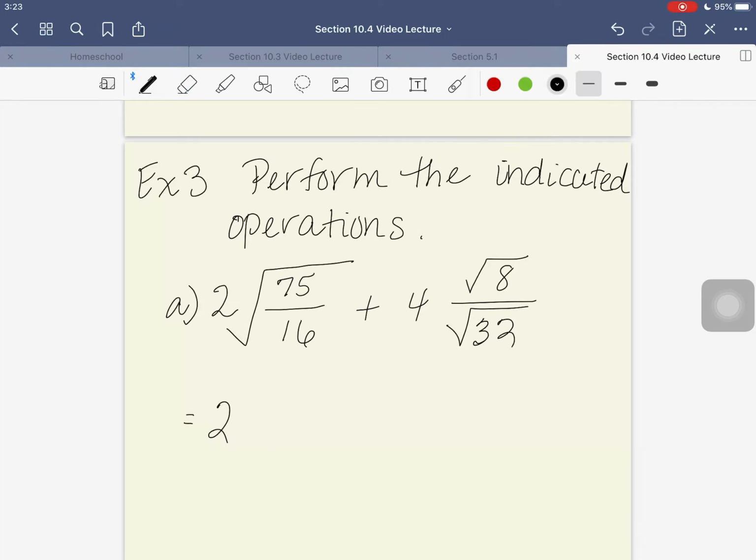All right, so this will be 25 times 3 over the square root of 16 is already a perfect square. I'm going to rewrite 8 as 4 times 2, and then the square root of 32 as 16 times 2.